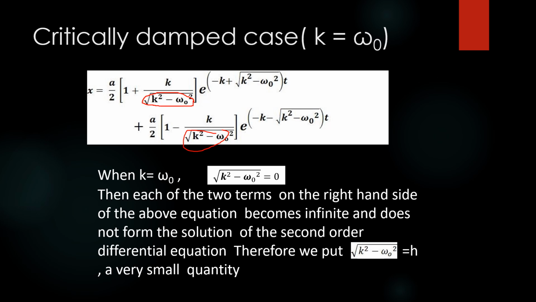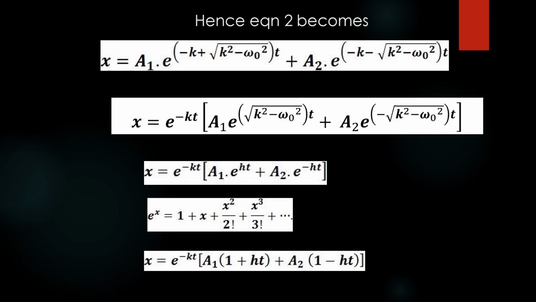Therefore, we put root of k squared minus omega 0 square is equal to h, which is a very small quantity close to 0. Now you again write the solution for damped harmonic oscillation as you did for overdamped and underdamped case. Here also you take e raised to minus kt as a common factor.